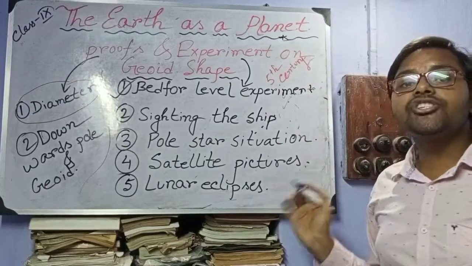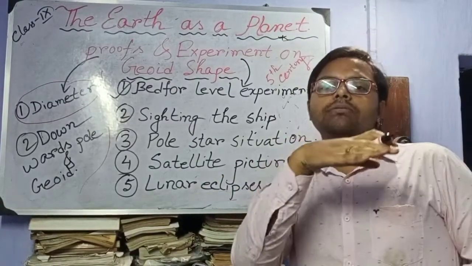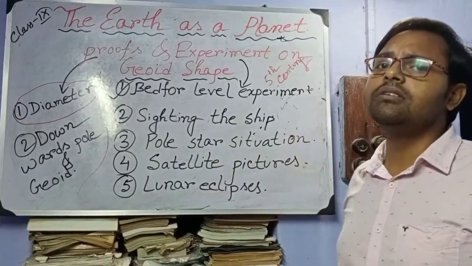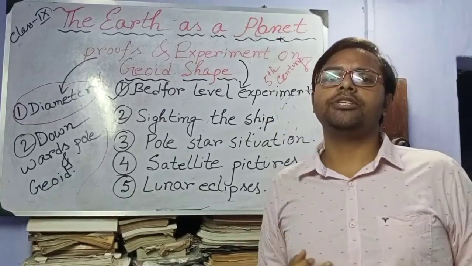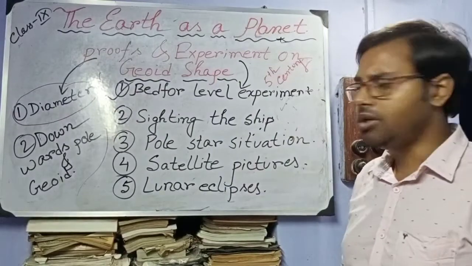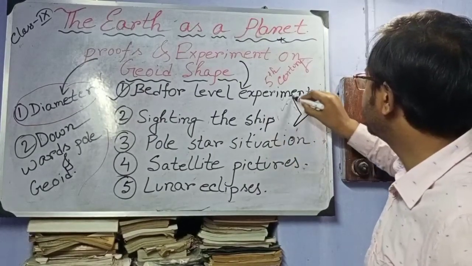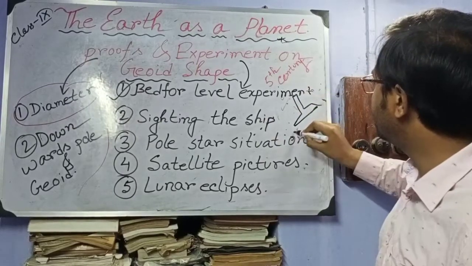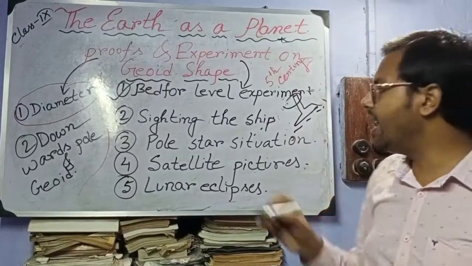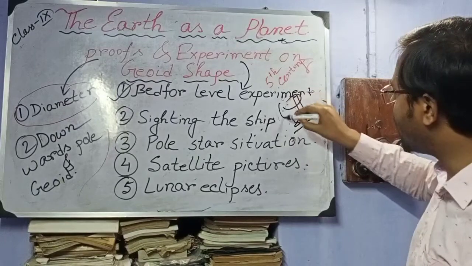Second, sighting the ship. If we see a ship sailing on the sea, what will we see first, the whole body of the ship or part of the ship? We will first see the top of the ship. If the ship is coming from the sea, we will see first the top portion of the ship, then the deck, and later the whole ship.